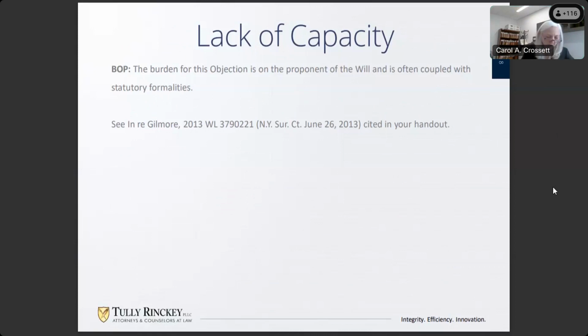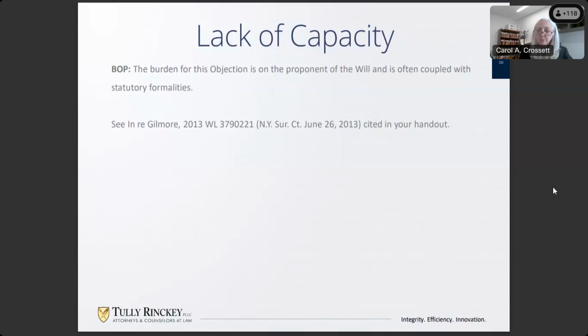The court cited case law for the proposition in that case, Crawford versus Smith, that a person suffering from a disease such as Alzheimer's is not presumed incompetent and may execute a valid deed, and that it would require a showing that because of the affliction, the person was incompetent at the time of executing the deed, just like here when you have to show incapacity at the time of execution of the will. And that's why I cited the two there. And in that case, the plaintiff had failed to establish that the decedent was mentally incompetent at the time the deed was executed.